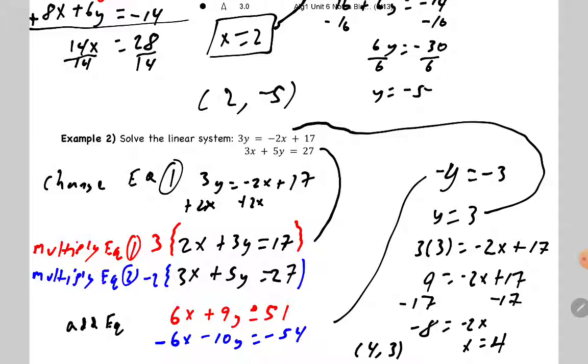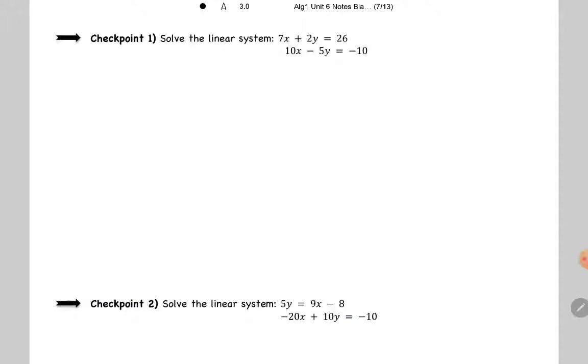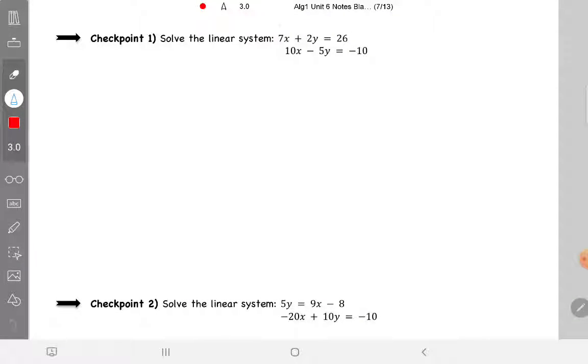Alright, let's do some more. Alright, solve the linear system. Okay, the numbers don't match, can't add them up. So we're going to multiply.